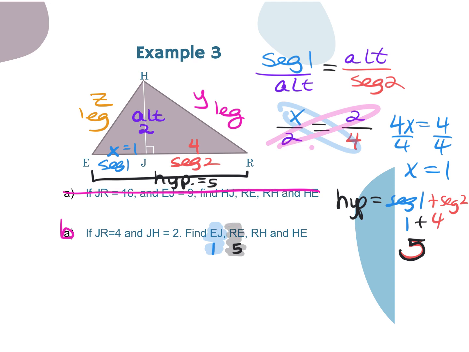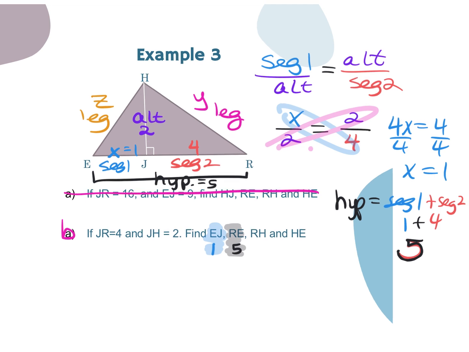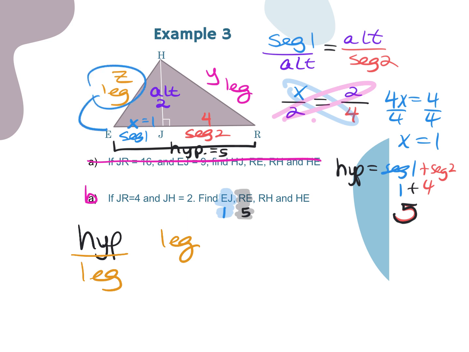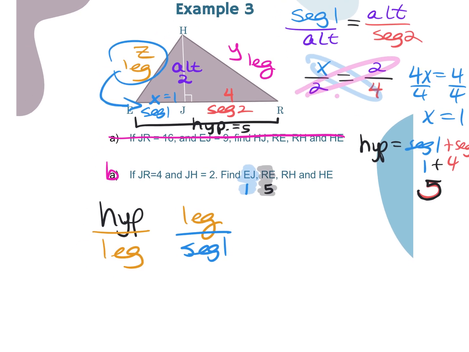Now for RH and HE, that's my geometric mean leg theorem. So again, we're going to do it twice. We're going to do hypotenuse over the gold leg, gold leg over its segment. And remember, it's the segment of the hypotenuse that it's next to. So that's segment 1. So let's fill it in. Hypotenuse is 5.